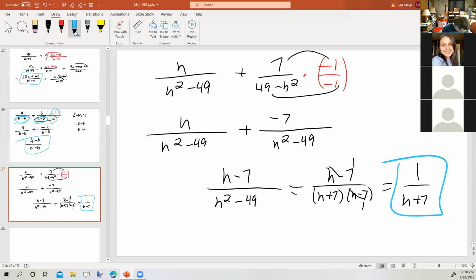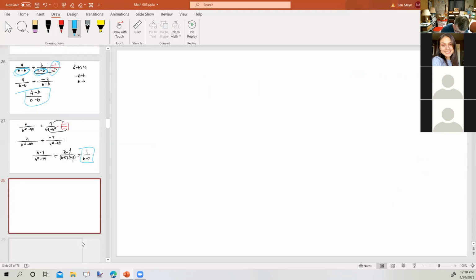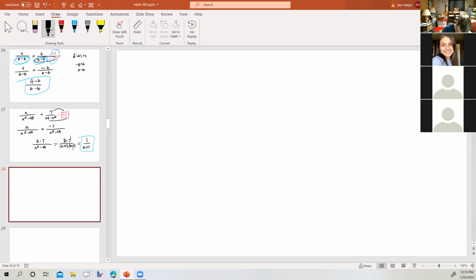How about, let's see here. This one. 5 over 9x plus 4 over x plus 6. What's the LCD?